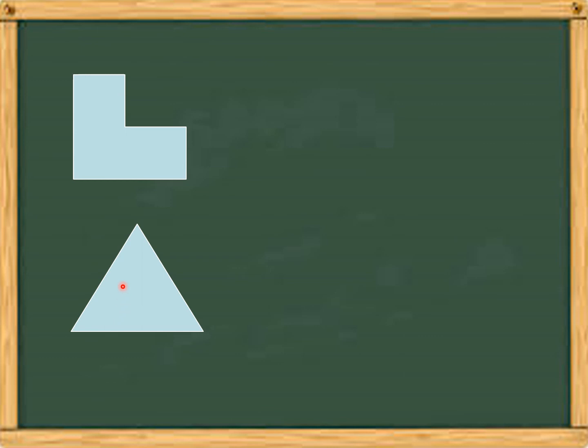In the second figure, we have 3 sides. This is a triangle. So let's check if the first polygon is convex or concave. What do you think? Kung ang sagot nyo ay concave, you are correct. How about the second polygon? Kung ang sagot nyo ay convex, you are correct.